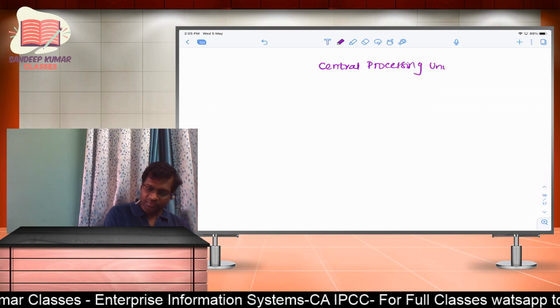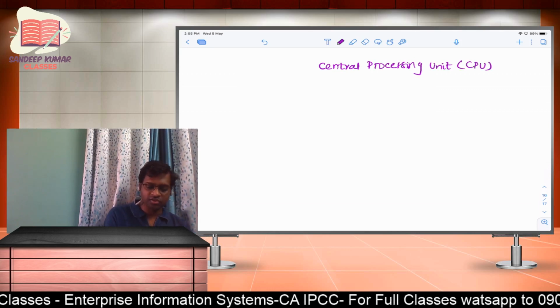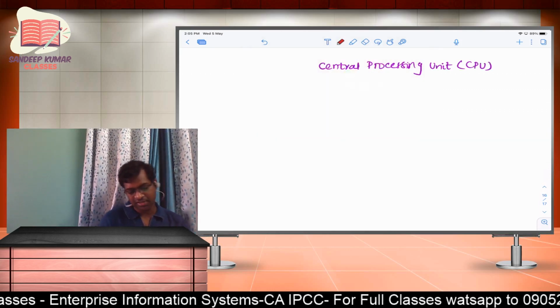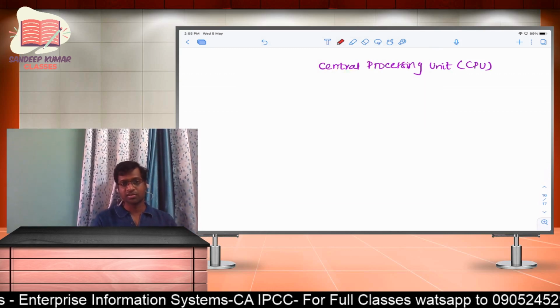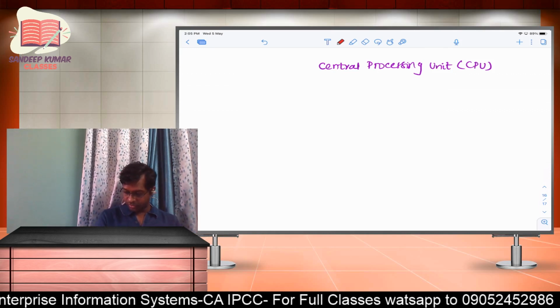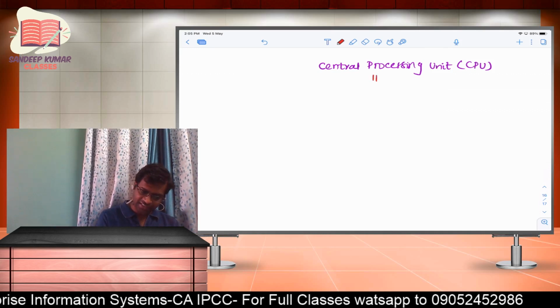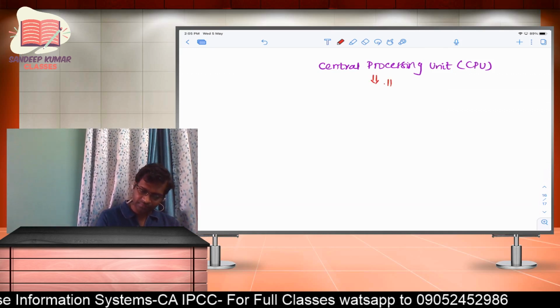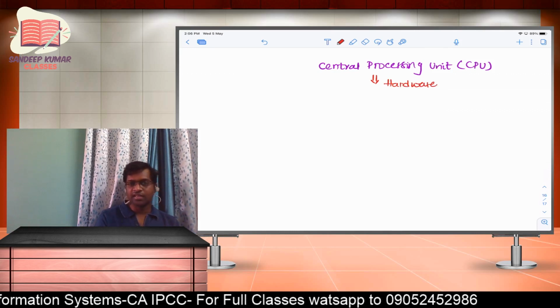Now, this central processing unit is also called a CPU. What do you mean by central processing unit? Central processing unit is also called CPU. What exactly will this particular hardware do? Can I call it a hardware? Yes, it's a hardware.